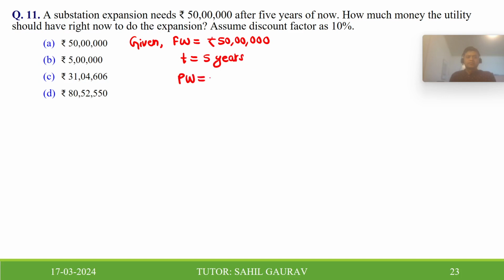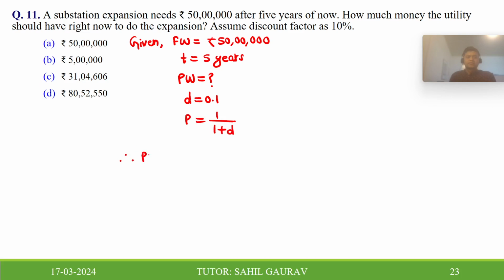You have to find the present worth, and the discount rate is given as 0.1. The present worth factor is denoted as 1 upon 1 plus d.